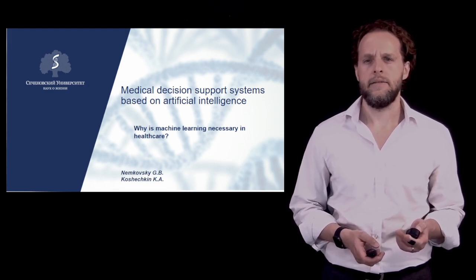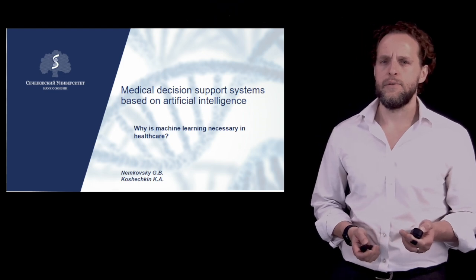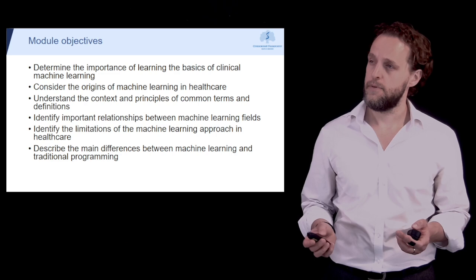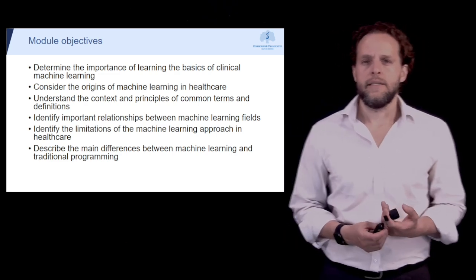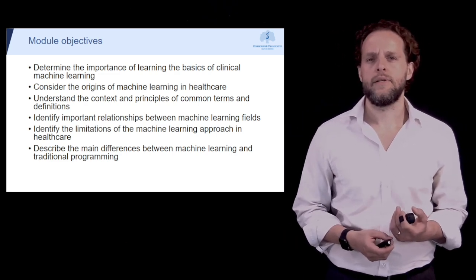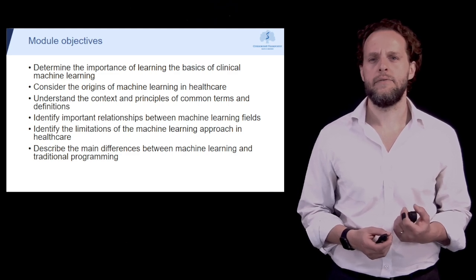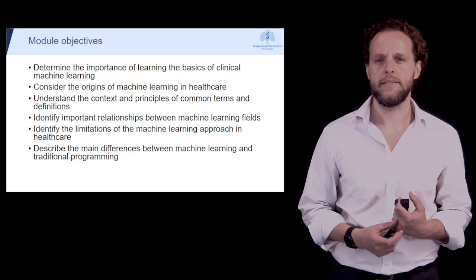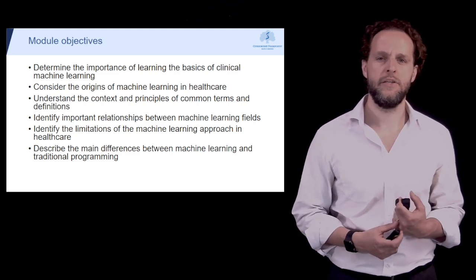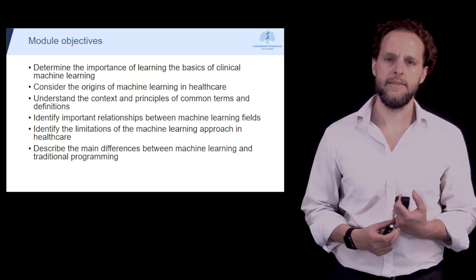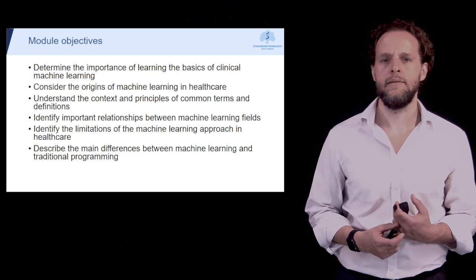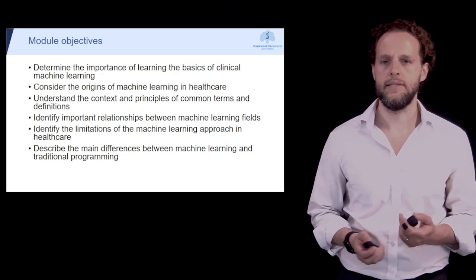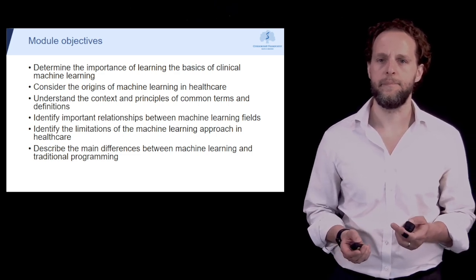In the first module we will determine the importance of learning and fundamentals of clinical medicine learning for all stakeholders in the healthcare ecosystem. Consider the origins of machine learning in healthcare, understand the context and the principles of common terms and definitions in machine learning.